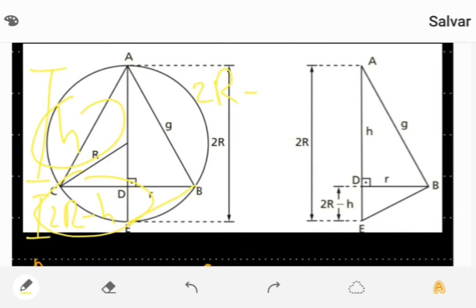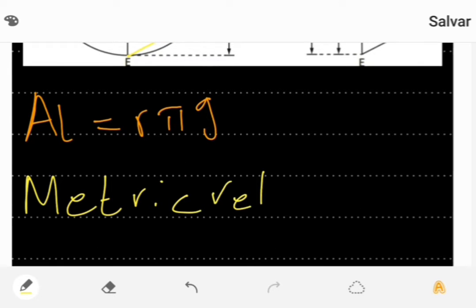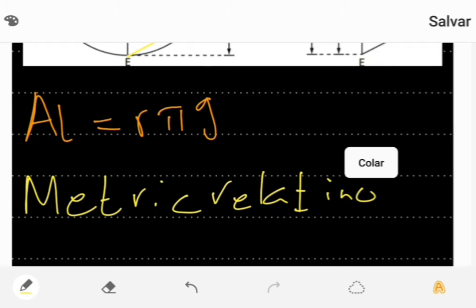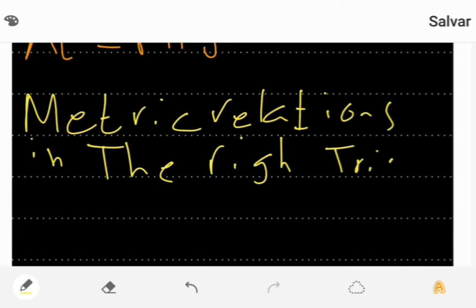Okay, so all good. Now look, the formulas that I'm going to use now are called metric relations in the right triangle.